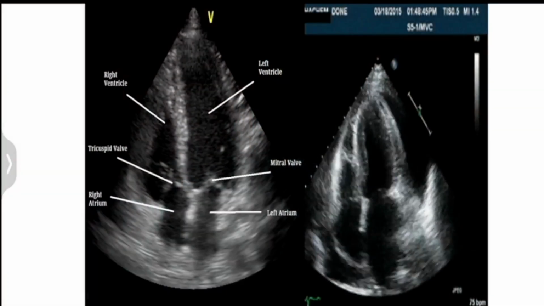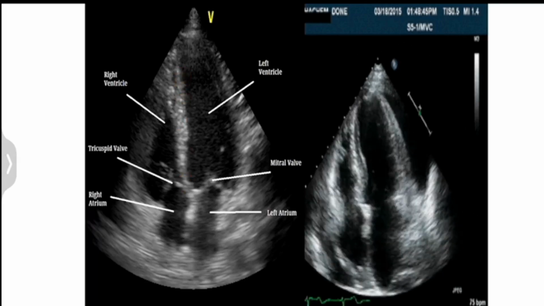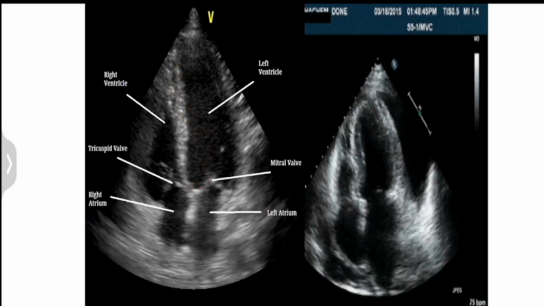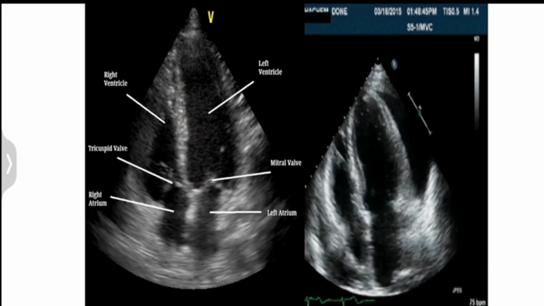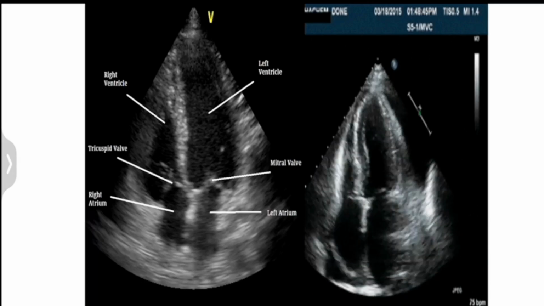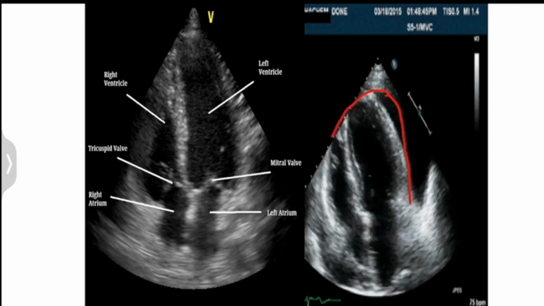Now we can see in this picture, this is the septum, and during contraction the septum will bulge into the left ventricle in a patient with a significant pericardial effusion. So cardiac tamponade is there.